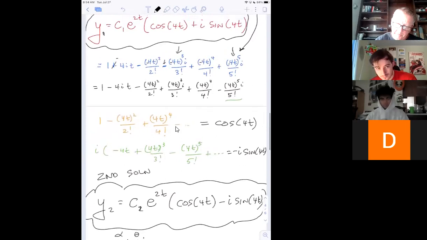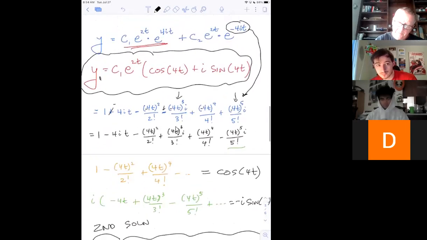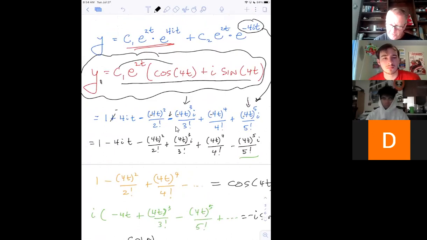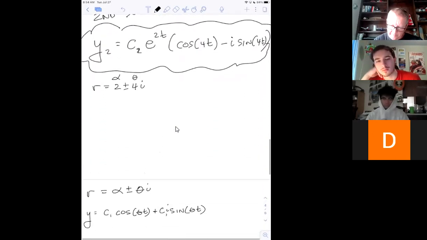So let's back up a second. That's just this answer, right? It's just this answer right here. That's all I did. I just distributed C1 into it. Wait, except there was an E out there too, right? Didn't I leave that off?